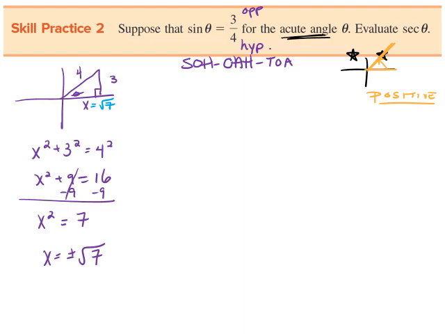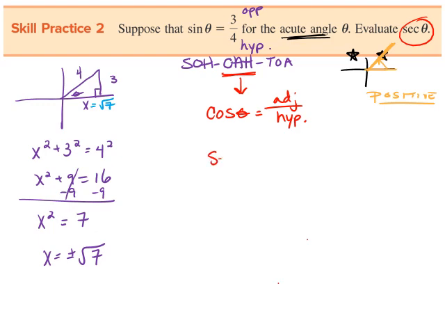Now we are asked to find secant of theta. So if I can find cosine of theta, I can find secant of theta. I know that cosine of theta is the adjacent over the hypotenuse.